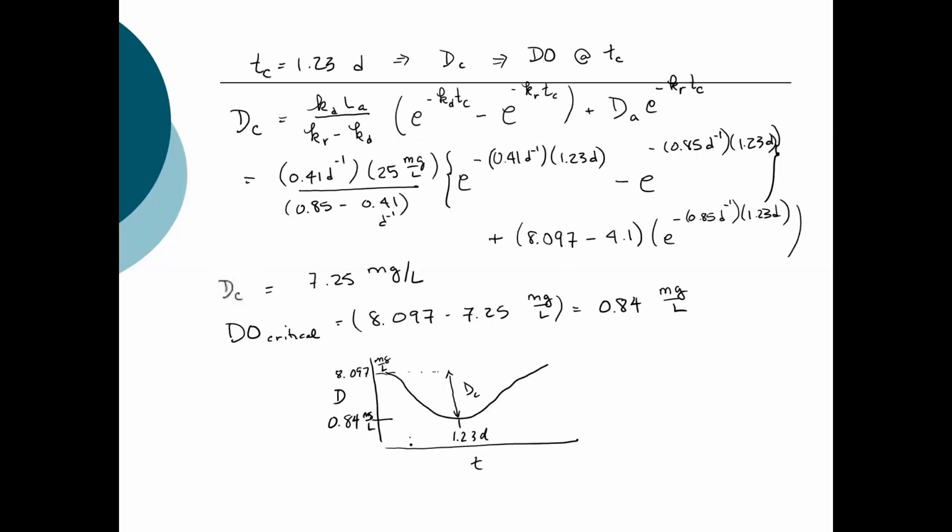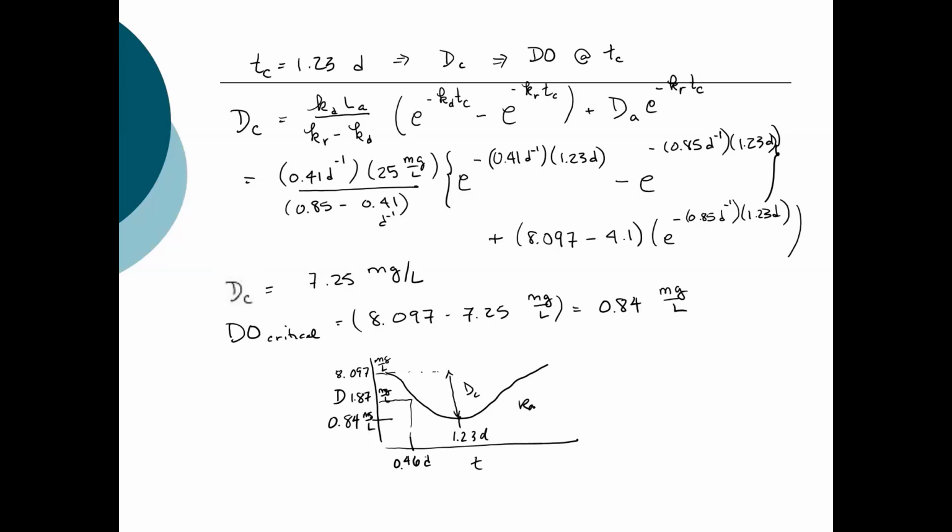Looking back at the graph that we previously drew, we can add a travel time of 0.46 days and the dissolved oxygen of 1.87 milligrams per liter.